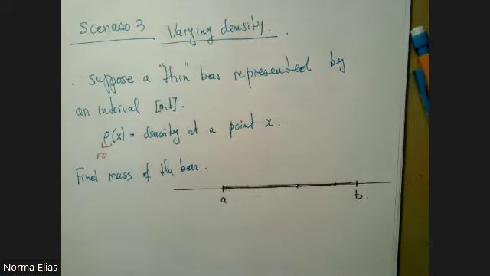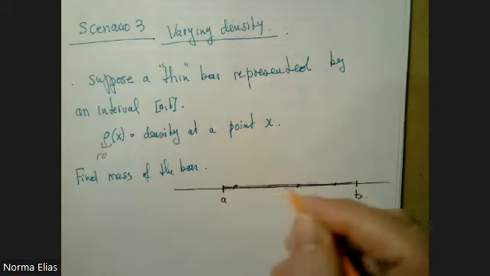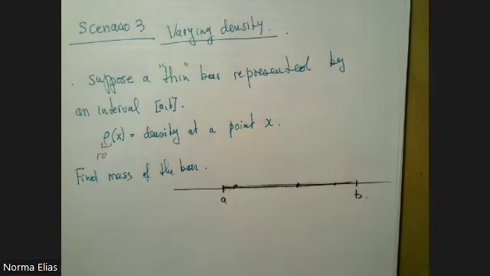All right, in scenario number 2, I gave you two different densities. Now the density keeps changing. So how do you think we're going to find the mass of the bar? Ideas? The density here is not really the same.